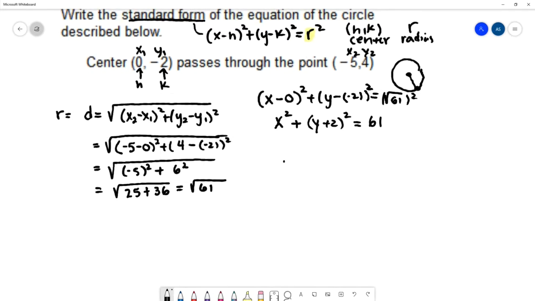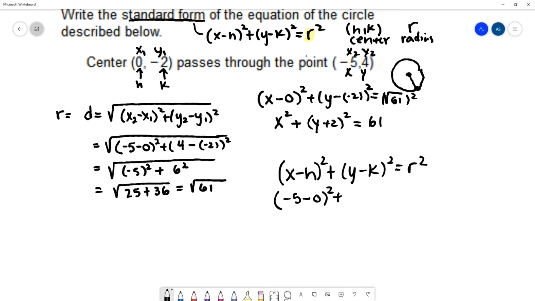So if we use our standard form, (x minus h) squared plus (y minus k) squared equals r squared, and we substitute negative 5 as our x and 4 as our y, that would give (negative 5 minus 0) squared plus (4 minus negative 2) squared equals r squared.